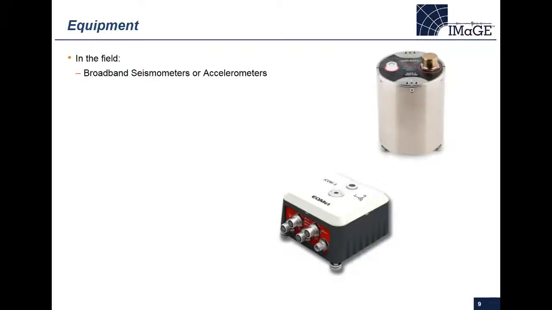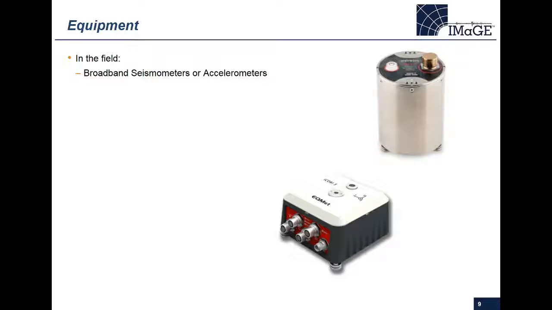So now that we know the general types of regulations out there, I'll talk a bit about the equipment that's used to monitor and acquire the data for these induced seismicity operations. Typically in the field, we'll have either broadband seismometers or accelerometers. So here's just an image of Kinemetrics instruments. On the top is a broadband seismometer and the bottom is an accelerometer.